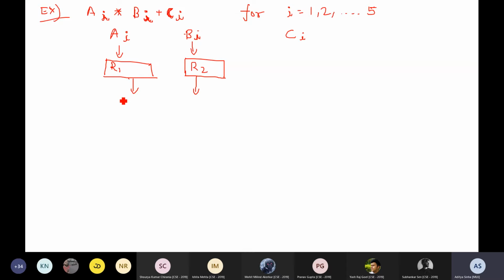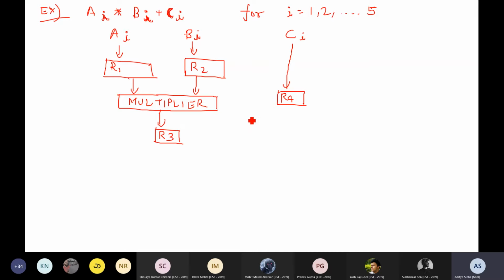Then we'll put it into a multiplier. Then the value of this multiplication of A and B will be put into R3, and the C value will be put into one more register, R4. Then they both together will be put inside. अब अपने को क्या करना है, एडिशन की सब्ट्रैक्शन या मल्टीप्लिकेशन?